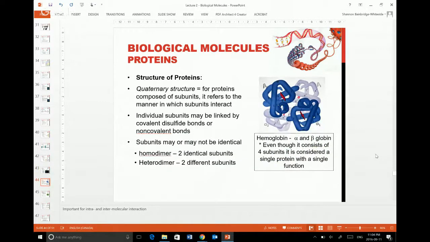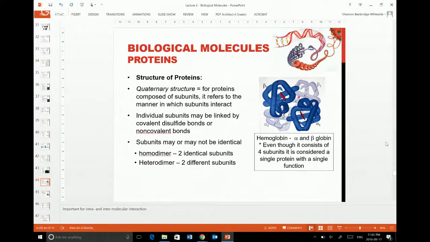And then finally, we can talk about quaternary structure, so the 4th level of structure. And this is really when more than one protein can come together as subunits. So individually, these little proteins may not be able to function on their own, but when you have multiple of these proteins coming together to make one structural unit, they now have a function.